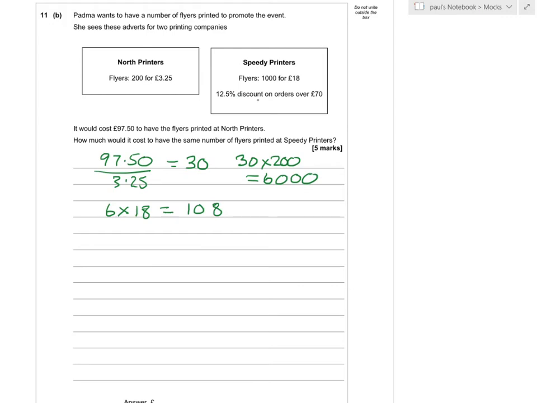Now it says when we spend over £70, we get a 12.5% discount. So that times 12.5 over 100 is £13.50 discount. So we take our 108 and we subtract our £13.50, and that will equal £94.50.